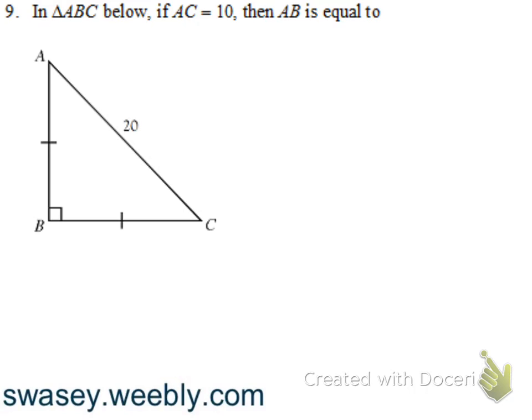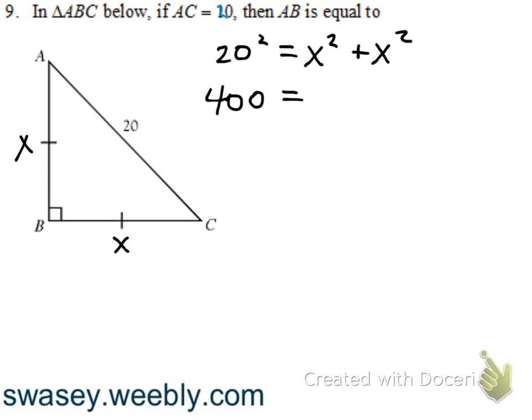Alright, we know that AC here is 20, so we'll do the Pythagorean theorem. The sides that we don't know are the same, so we can say 20 squared equals x squared plus x squared. So we have 400 equals 2x squared. 1x squared plus 1x squared is 2x squared. To get rid of multiplying by 2, divide by 2.